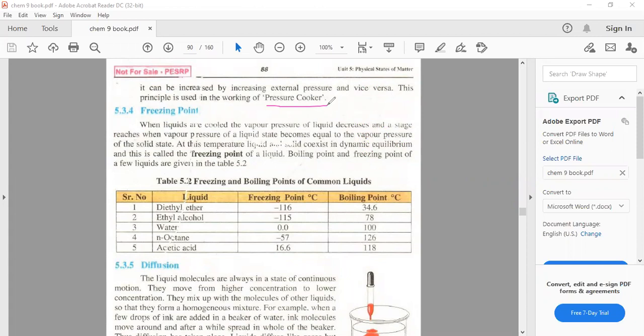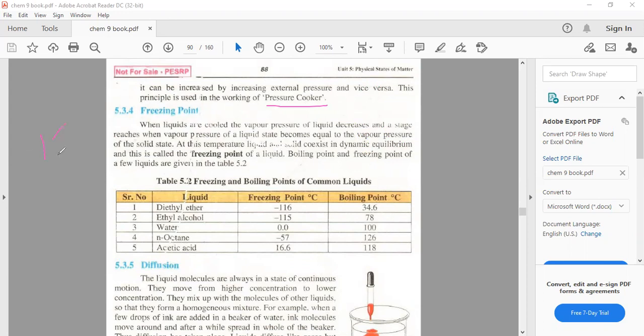In that small amount of water, all the meat is properly cooked or boiled. Because when you are sealing the container, tightly closing the container, the vapor pressure of the liquid becomes equal to the pressure inside.